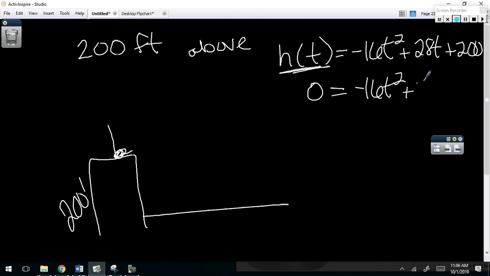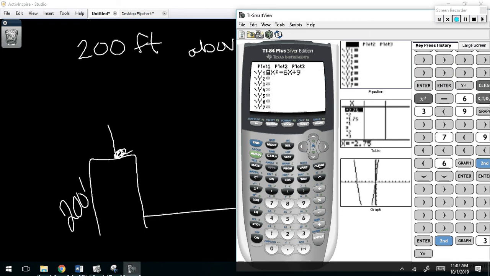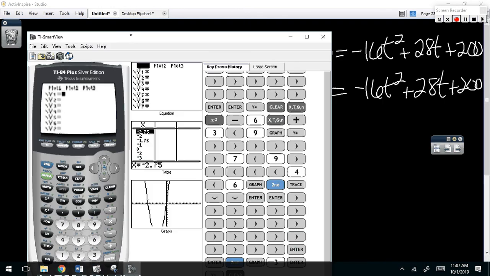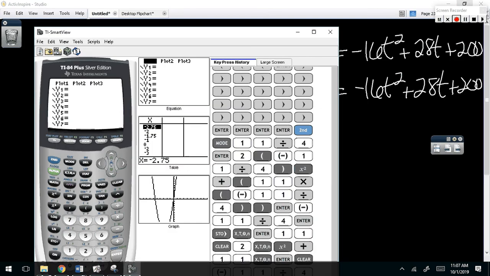So would there be only one solution? Okay, but think about it. Graph it and see what it looks like. I think it's going to take my graphing calculator. Oh, sorry.